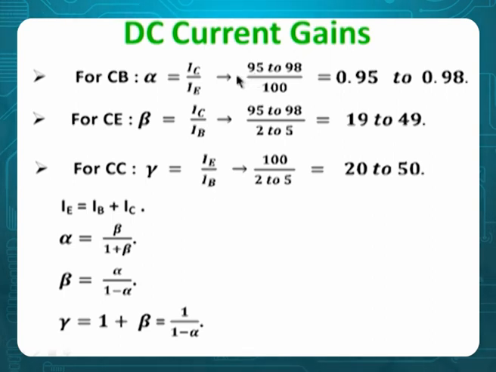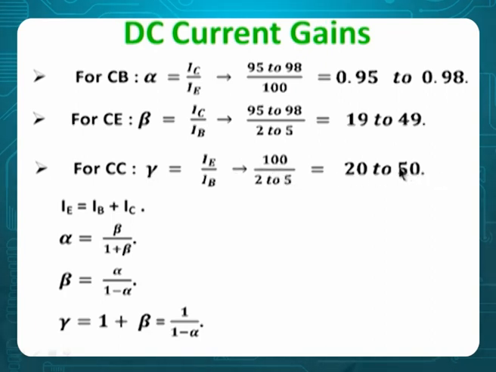Just for example, these are not constant or fixed values. They can change. Just for example, I took this. So IC is 95 to 98 by 100, 0.95 to 0.98. That's the reason why alpha is less than 1. Beta is 95 to 98 by 2 to 5, 19 to 49. And gamma is 100 by 2 to 5, 20 to 50.